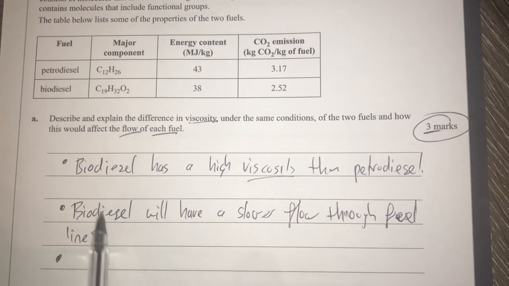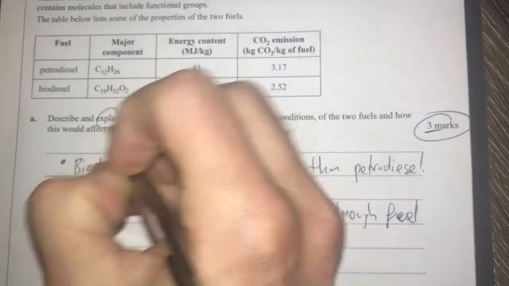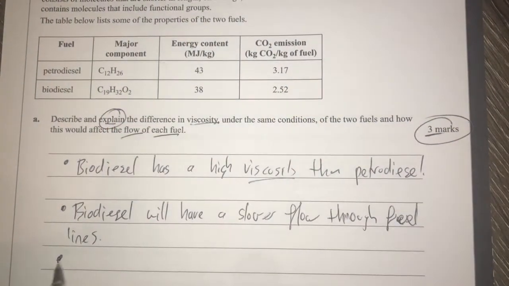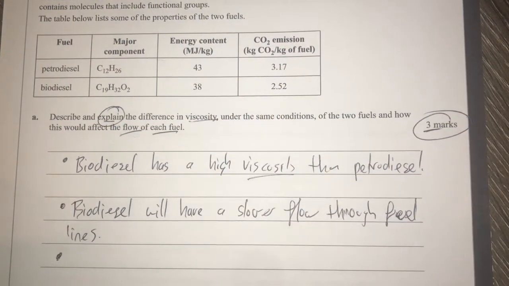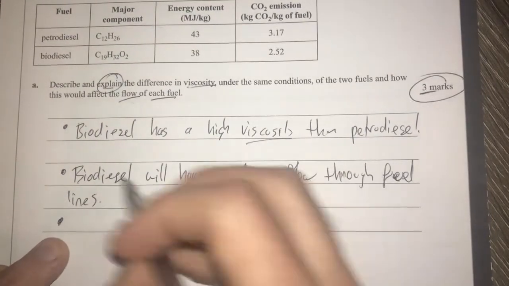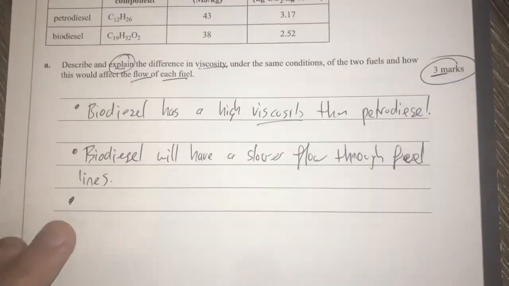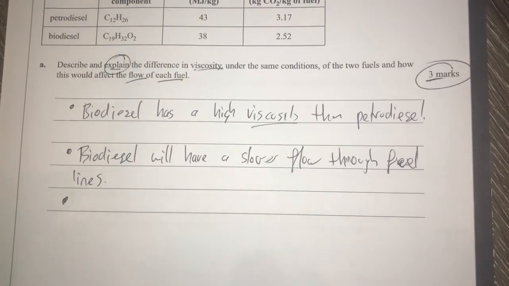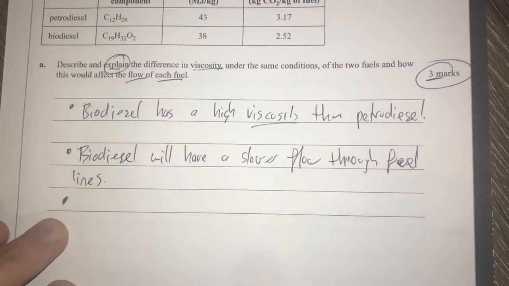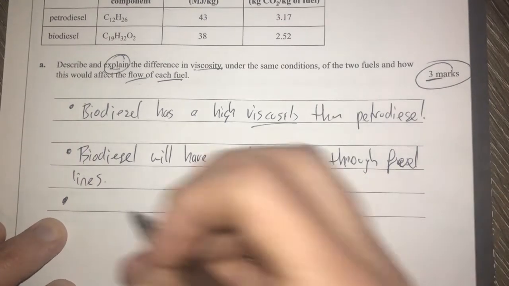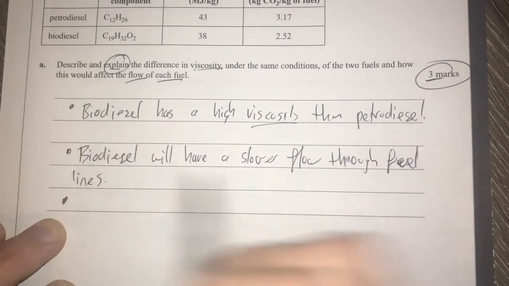Now we've described it, but we haven't necessarily explained why, and that's where I'm guessing the third mark comes from. So I'm going to explain why. From your chemistry knowledge, you should be able to give a stock standard answer here about the structure of these two fuels.